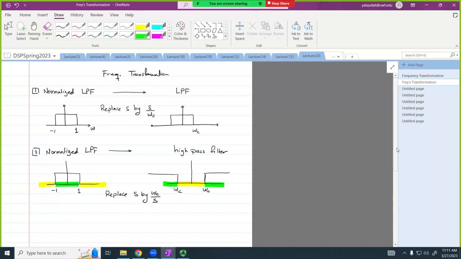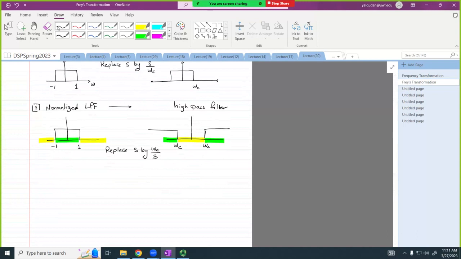Together? Okay. What happens if we have a normalized low-pass filter and we're going to generate a bandpass filter?